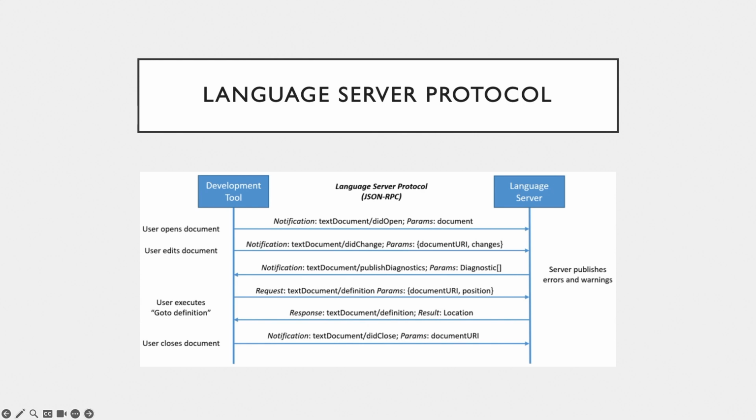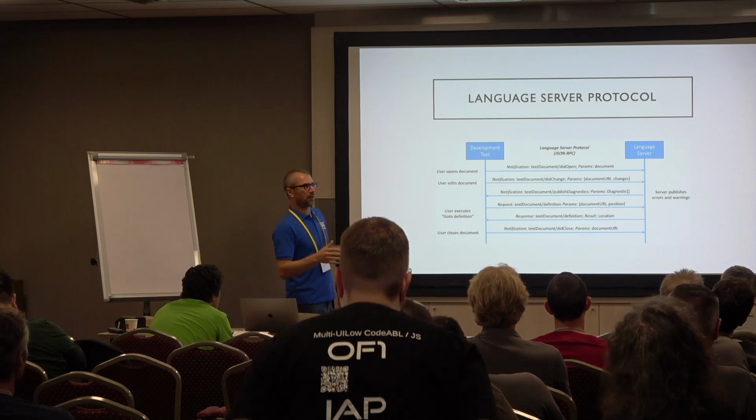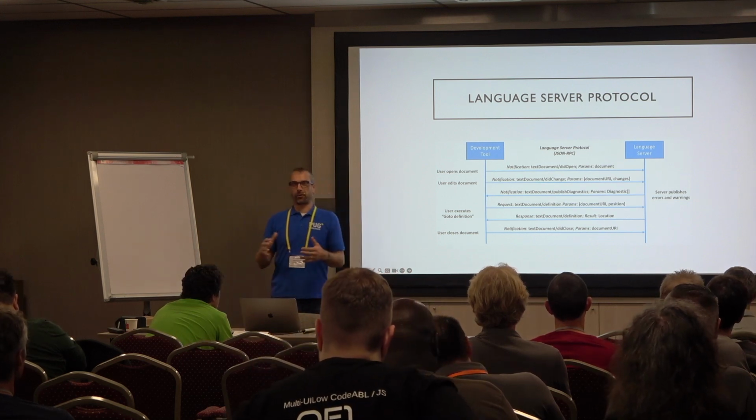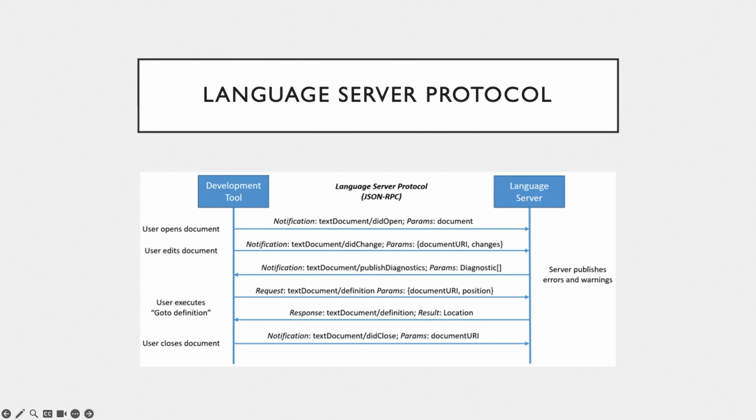Okay, so when you open the document, the development tool, VS Code let's say, will send a notification to the language server and say, I just opened this document. So you probably have to keep it in memory, probably compute various references, compile the file so that you extract some information, just to know that this document is currently open in the IDE.